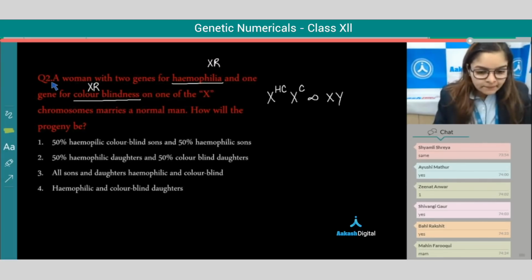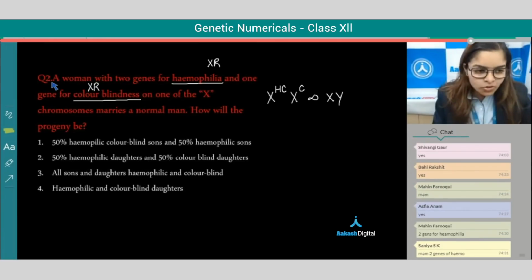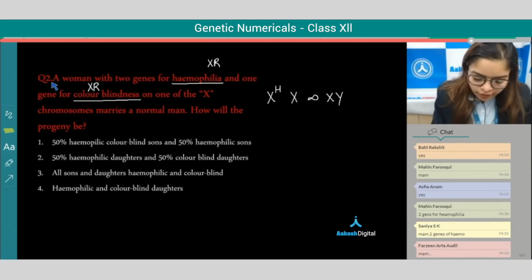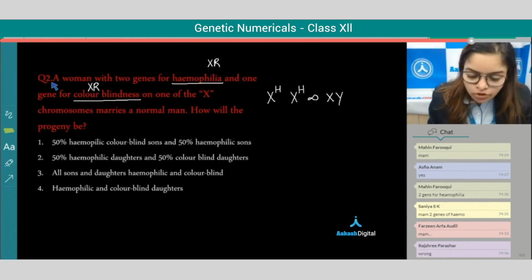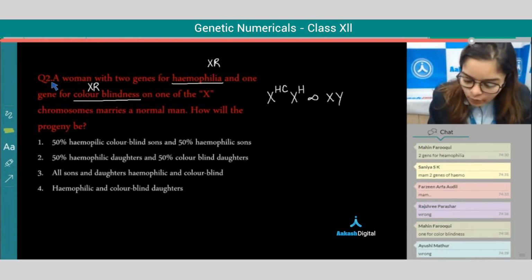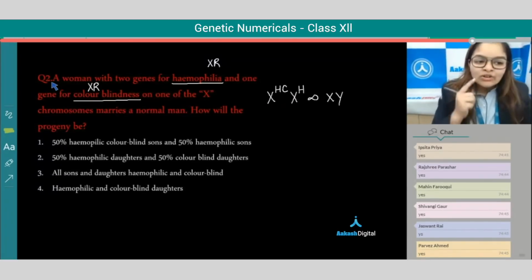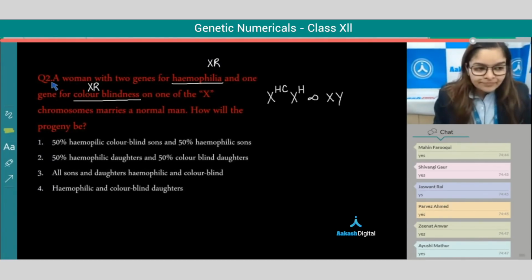Something like this. Rakshit, 2 genes for hemophilia. Is this right or wrong? Children, this is wrong because the question is for 2 genes of hemophilia and 1 for color blindness. Is this right now? Exactly. Right. 2 genes for hemophilia on each X chromosome and 1 for color blindness.